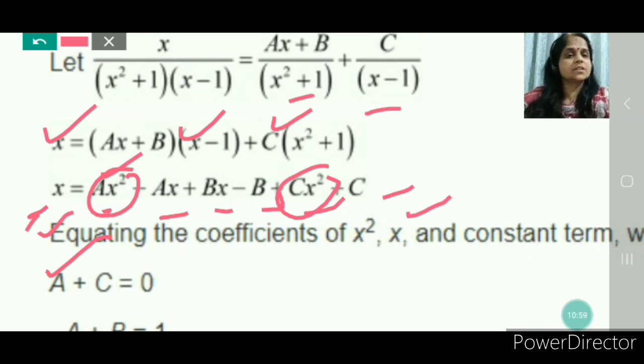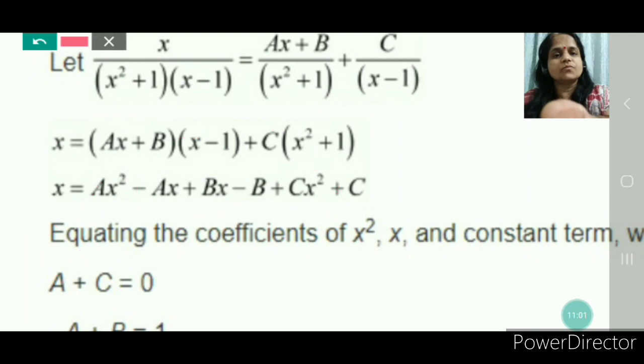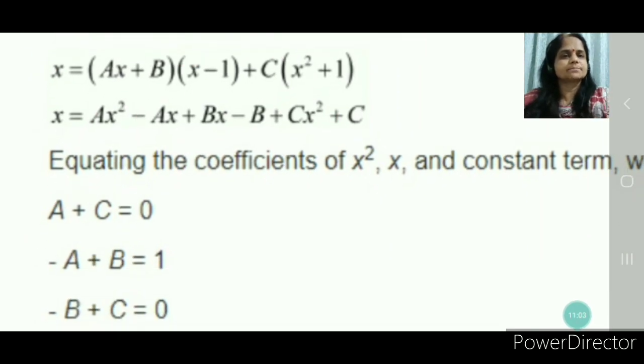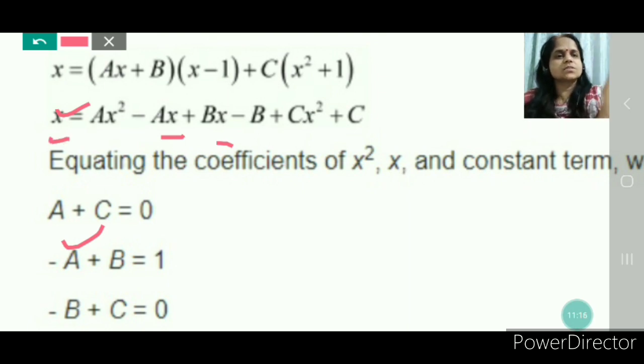Now equating the coefficient of x. Here it's 1, it's minus a plus b. So minus a plus b is equal to 1. And now the constant term. Here there is no constant term on this side, and on the other side the constant term is minus b plus c. So minus b plus c is equal to 0.